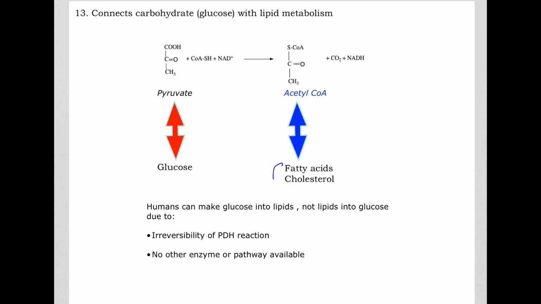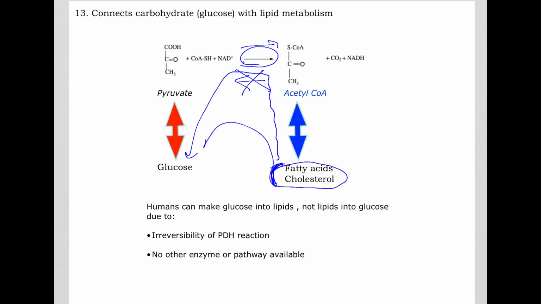However, we cannot take fatty acids and make them into glucose because this reaction goes only in this direction. So we cannot do the reaction in this direction. So this cannot happen. Humans cannot make lipids into carbohydrates.